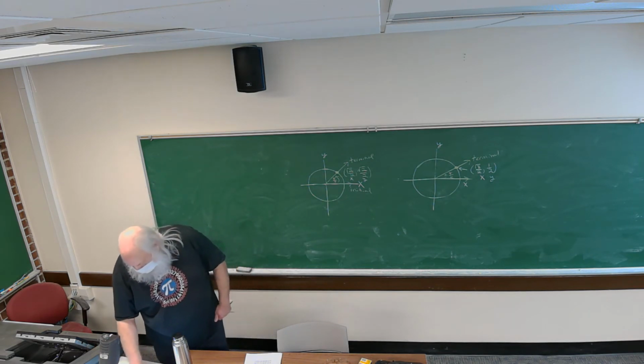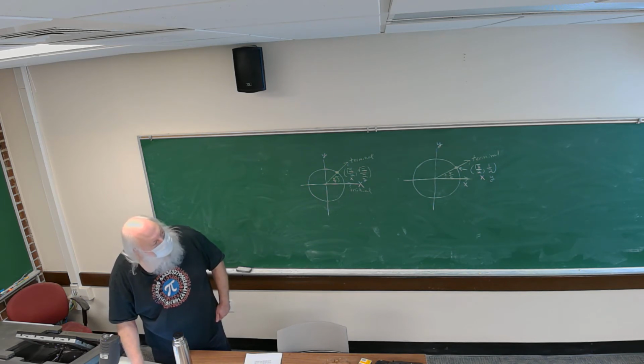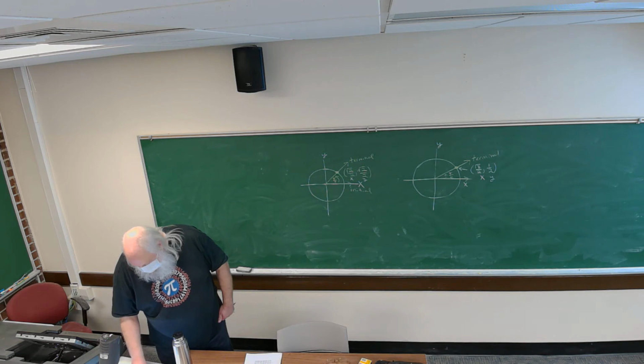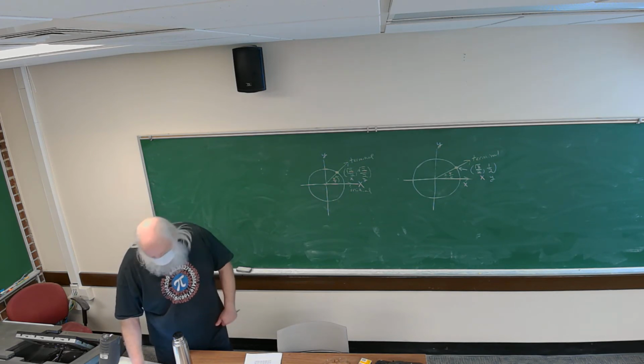So in this first case, where the terminal side of the angle is in the second quadrant and crosses the circle right here, the sine of that angle t will equal the sine of the angle t prime, or it'll equal the negative of the sine of t prime.